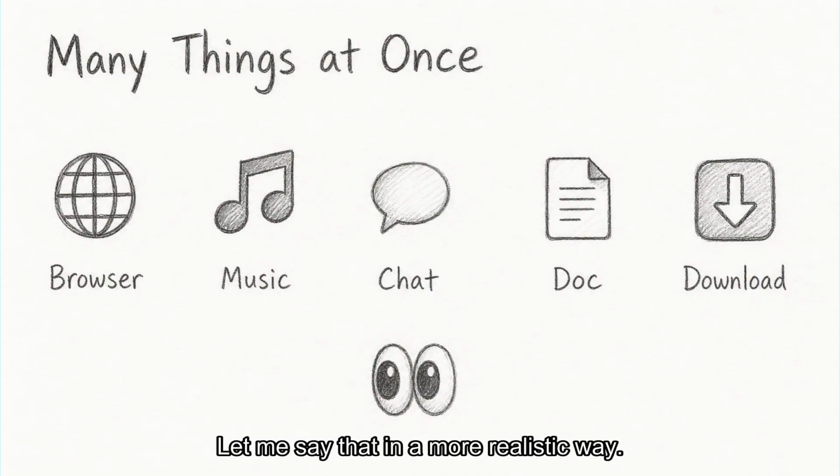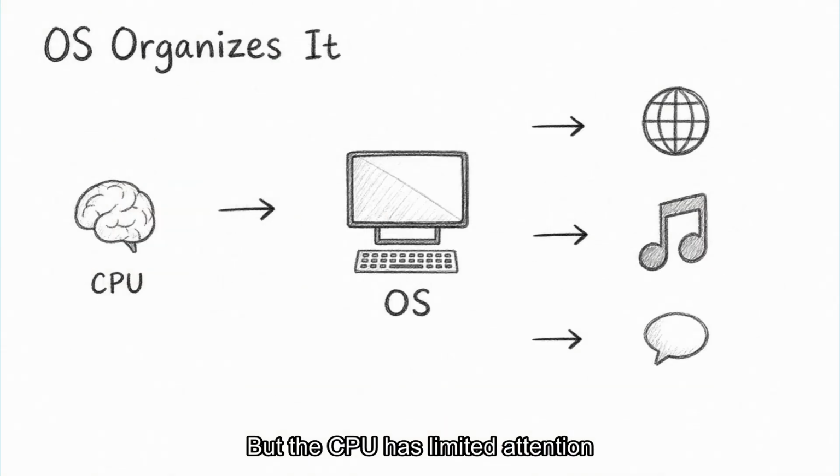Let me say that in a more realistic way. When we use a computer, it looks like many programs are running at the same time. We open a browser, listen to music, use a messenger, edit documents, and maybe download some files too. From the outside, it feels like the computer is doing everything at once, but the CPU has limited attention at any given moment.